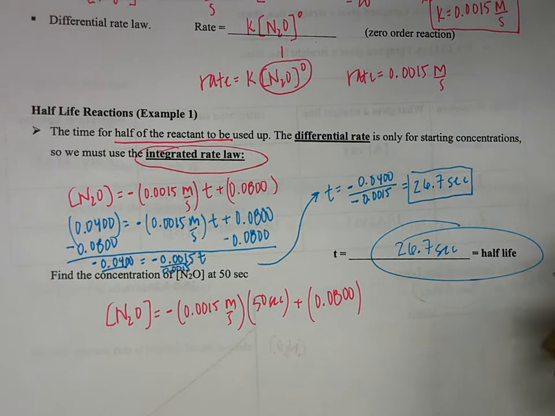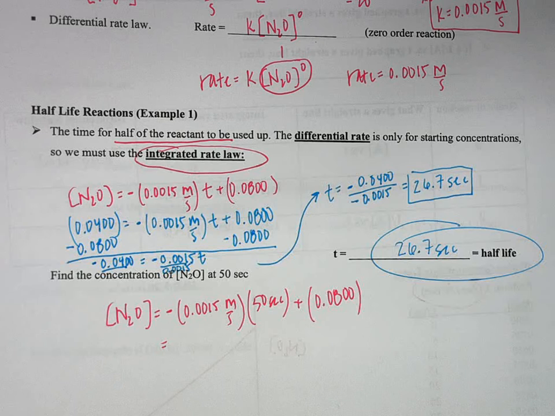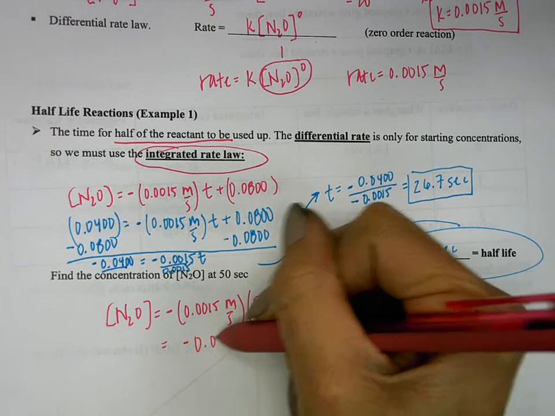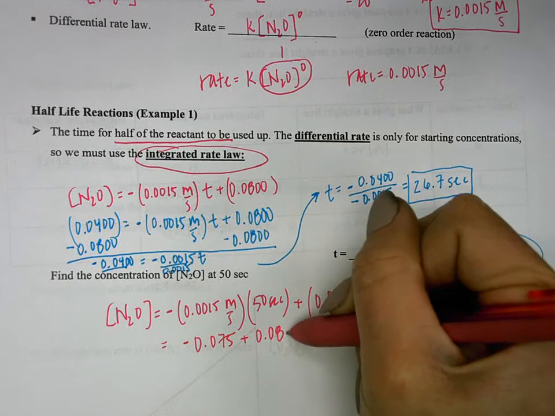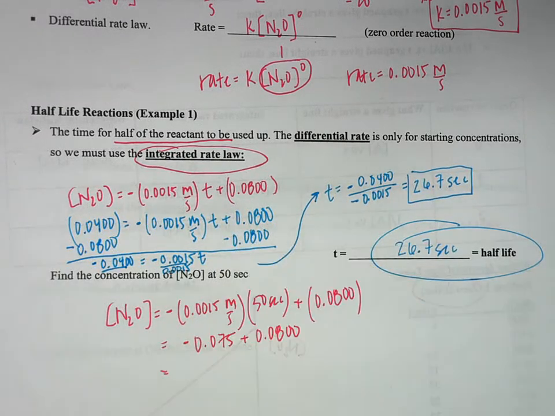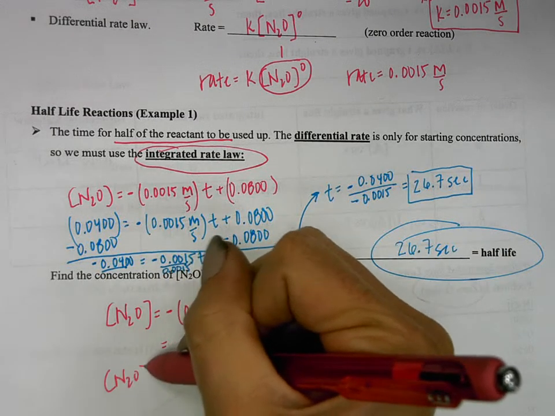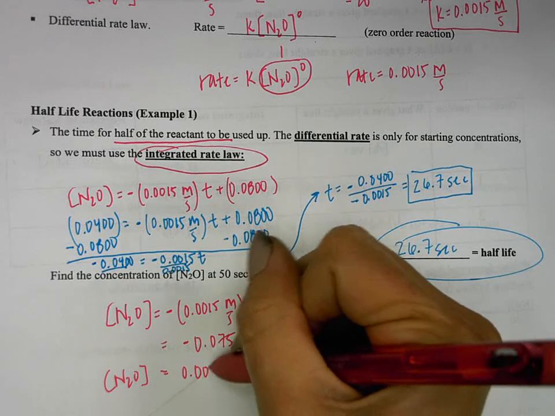0.08. So we can plug in 0.08. So I get negative 0.075 plus 0.0800 equals, so my concentration after 50 seconds would be 0.0050 molar.